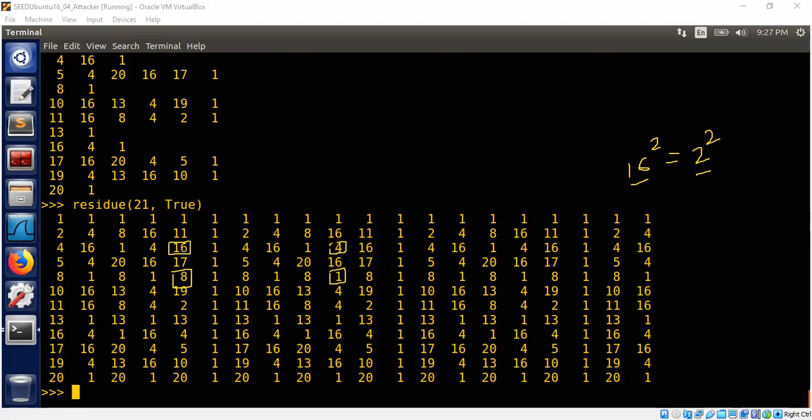So if you are able to find pairs of squares, then you are able to break it, meaning find the prime factors. But as I showed in the previous demo, very briefly, it was difficult to find the prime factors through Miller-Rabin. There may be cases where it does show us the prime factors, but it's very rare. So let's increase the bit size and convince ourselves that's the case.